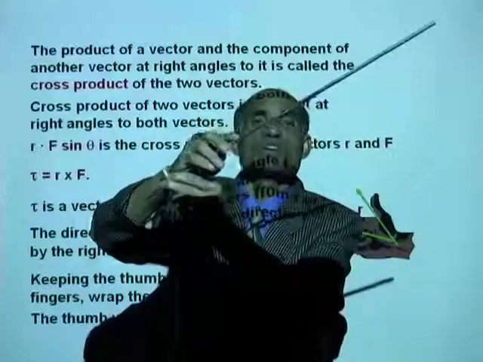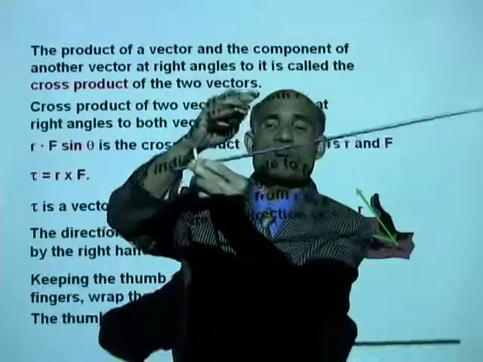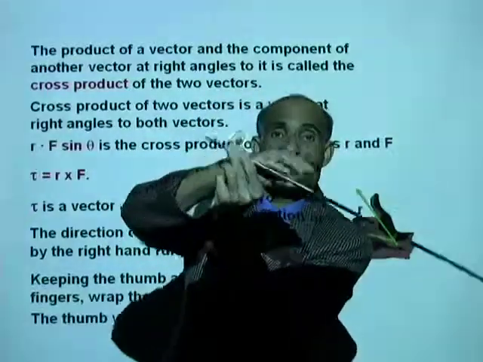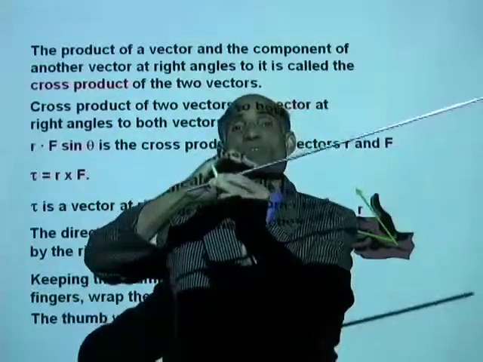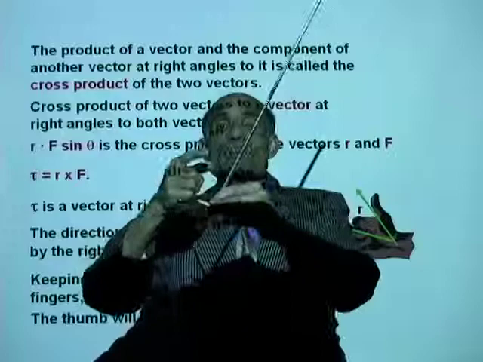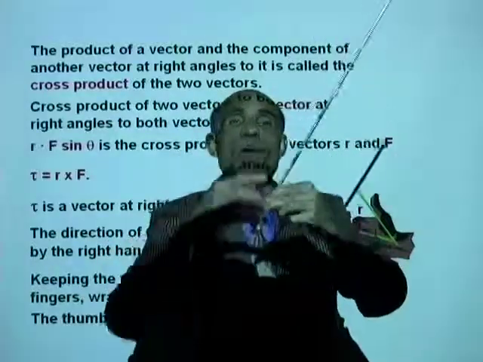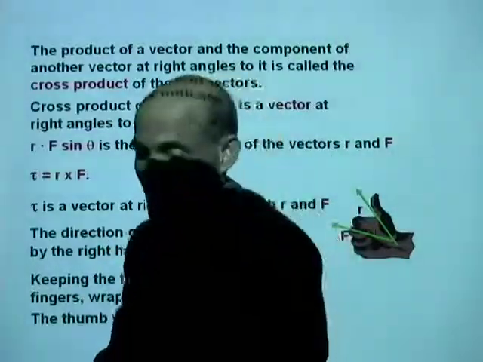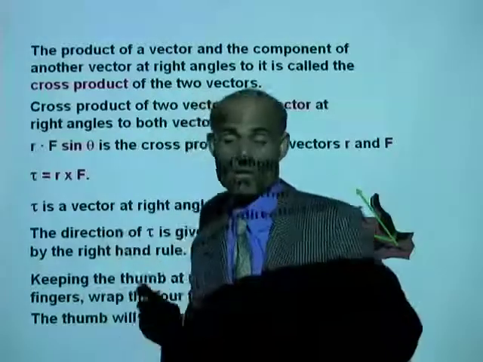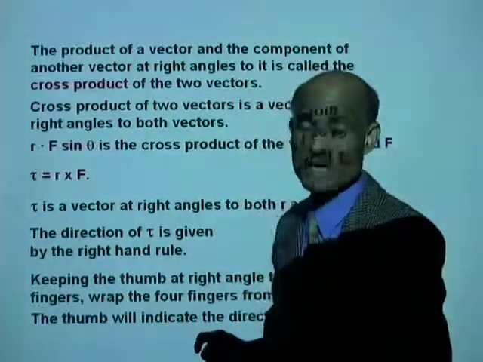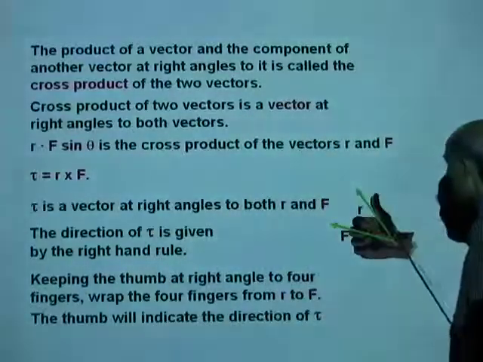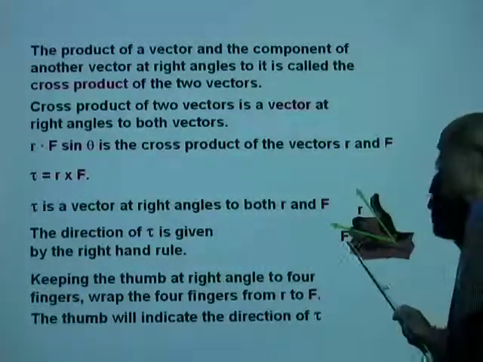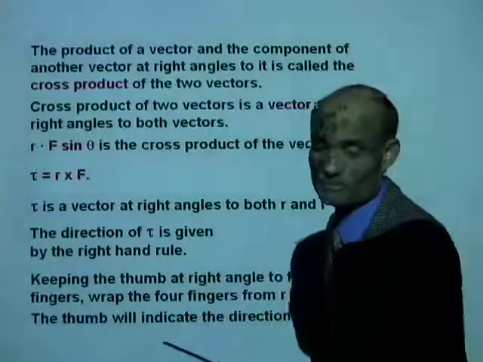That means if the rotation is like this, the torque will be directed towards me. If the rotation is in the opposite direction, the torque will be directed towards you. So the direction of the torque is actually determined by the directions of the R vector and the F vector.